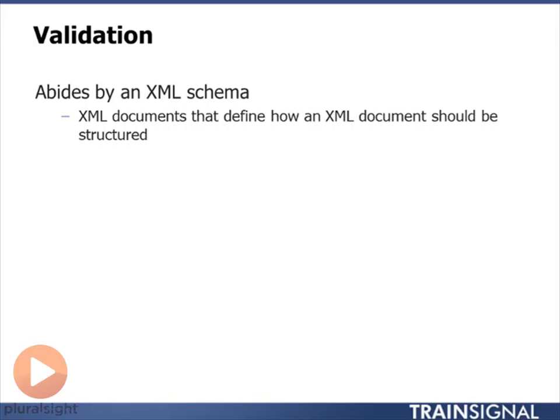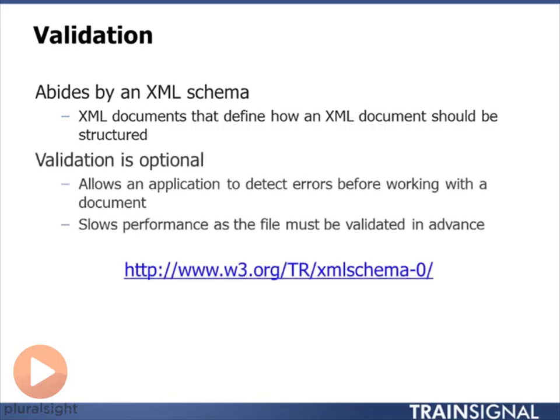A schema, as it turns out, is just simply an XML document that defines how other XML documents are supposed to work. Our XML schema is going to identify all the elements, all the attributes, acceptable values, and how the document needs to be structured.